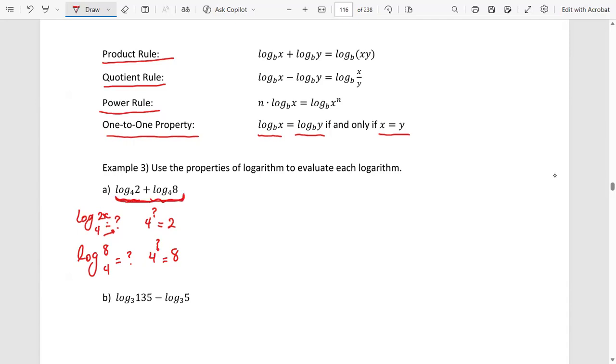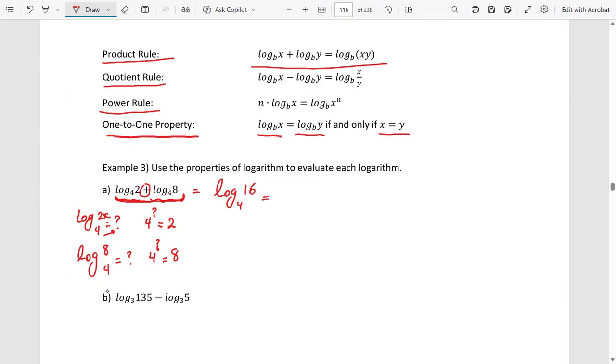Maybe in that case I can find the answer. I see that both logs have base 4 and they are adding together. Every time I see two logs adding together, I can multiply those. So I can write one log with base 4 and multiply 2 and 8. That's the product rule, and 2 times 8 gives us 16.